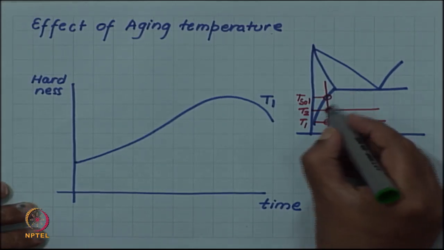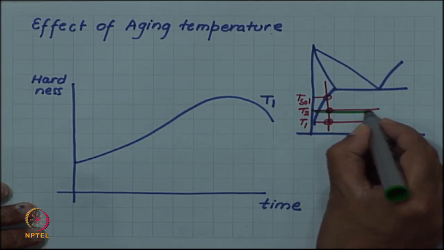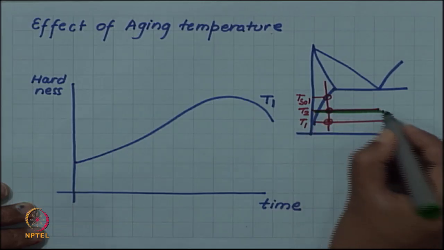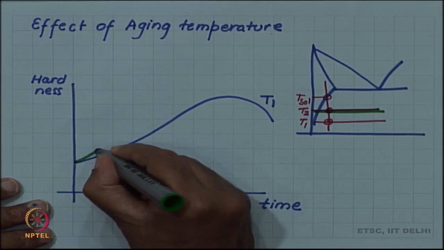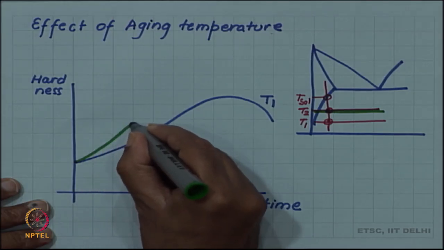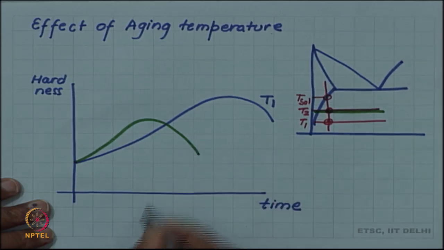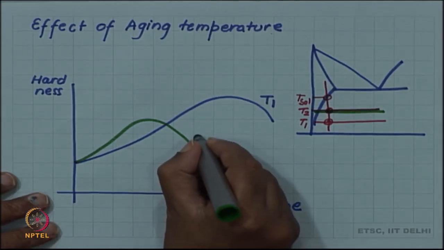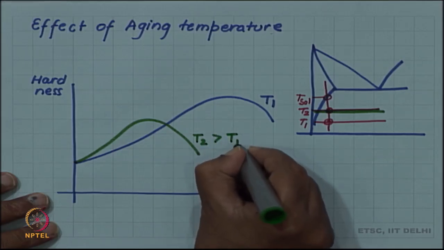So, let us look at that. So, let us call this T2 temperature, the higher temperature. If I age at higher temperature, you will find that you are reaching a peak hardness at a shorter time. So, I have T2 greater than T1.